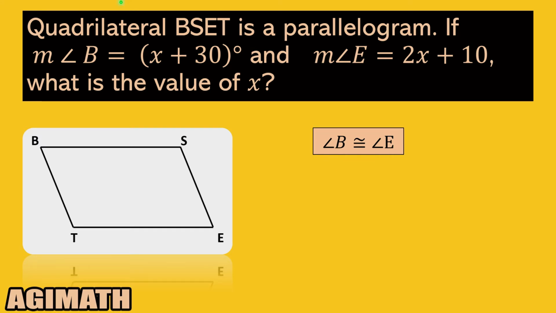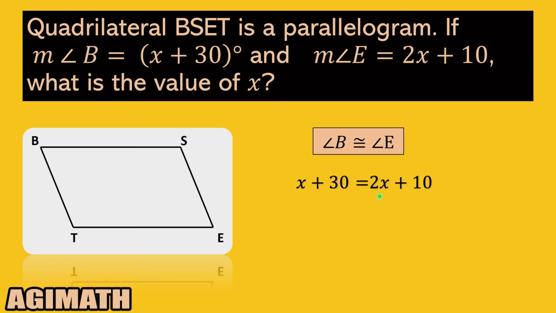So we can say that x plus 30 is equal to 2x plus 10. And then the rest is history. We need to solve for the variable. Now, again, it is my practice that when you are solving for variables, you look at which side has a greater numerical coefficient. For example, for x and 2x, 2x is greater than x.